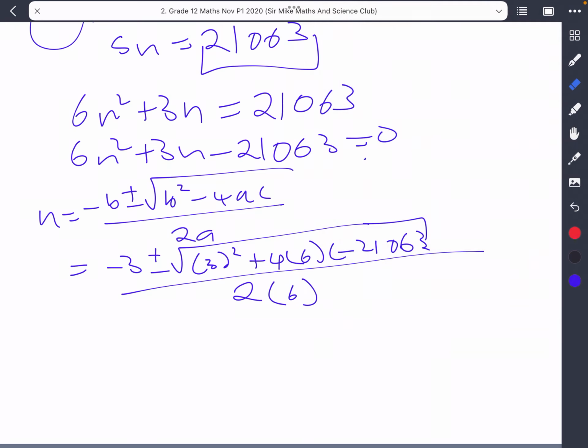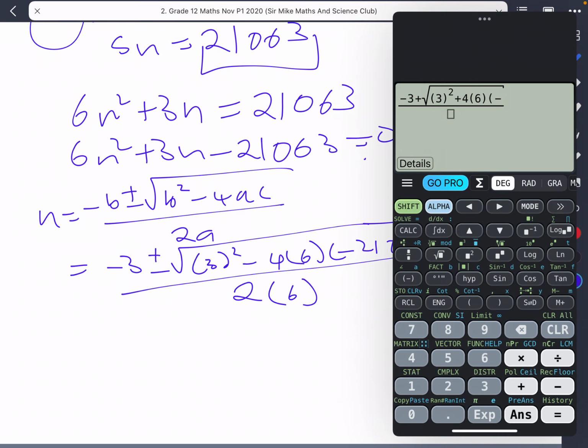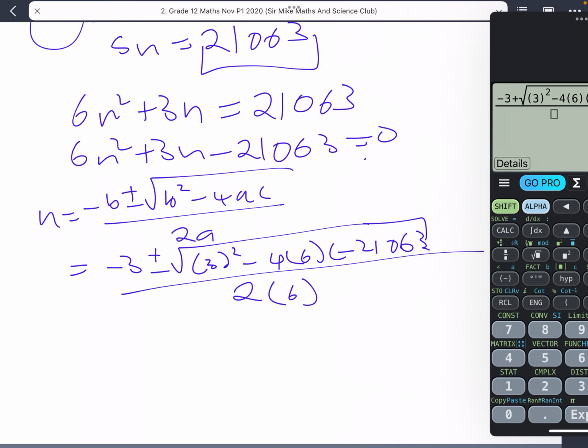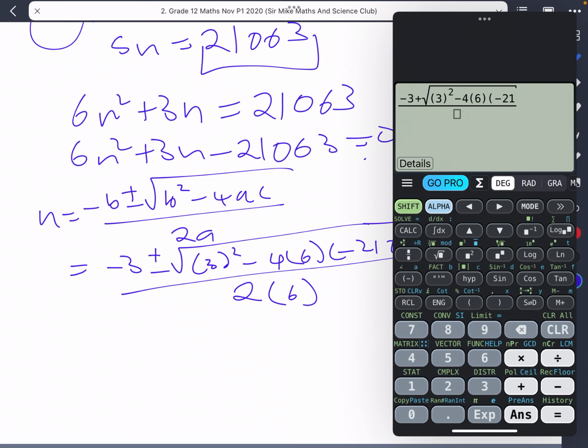That's not a plus, actually that's a minus. I apologize for that, ladies and gentlemen. So this would be minus 21,063, and we divide by 2 multiplied by 6. So you would have n being equal to 59.